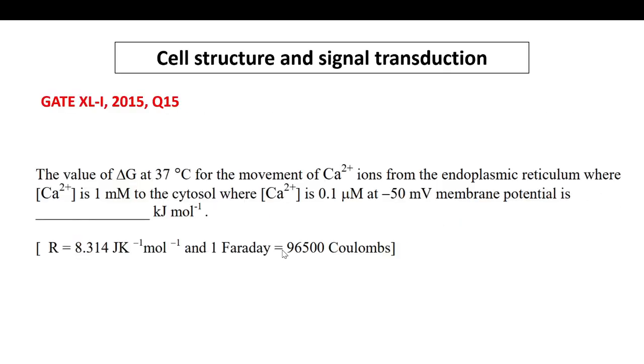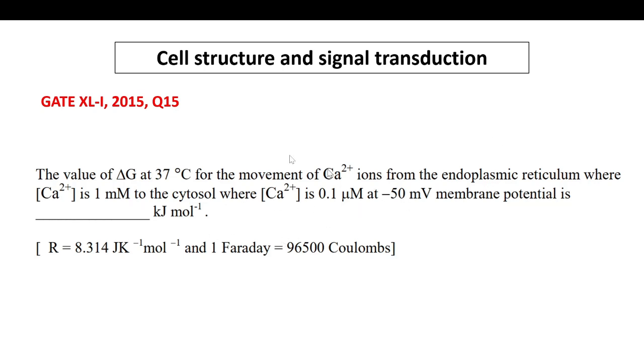Now if we go back and look into the question, what is given here is the membrane potential, and they have also given the concentration of the calcium when it is moving from the endoplasmic reticulum to the cytosol. So how much the concentration is changing is also given.